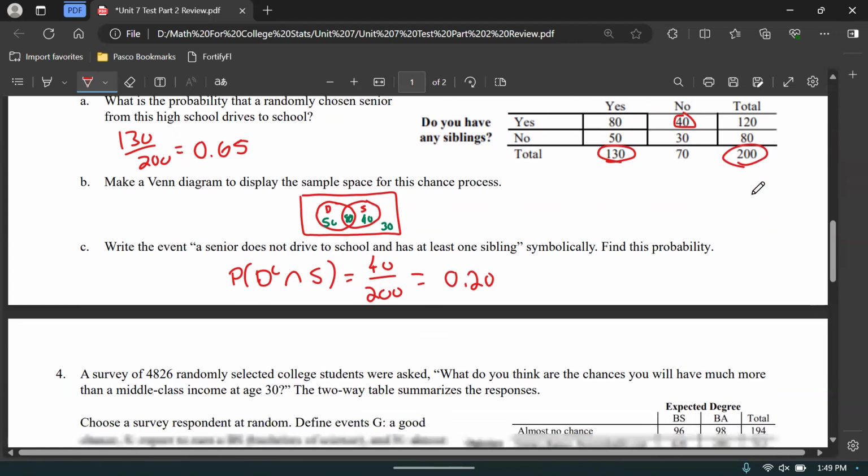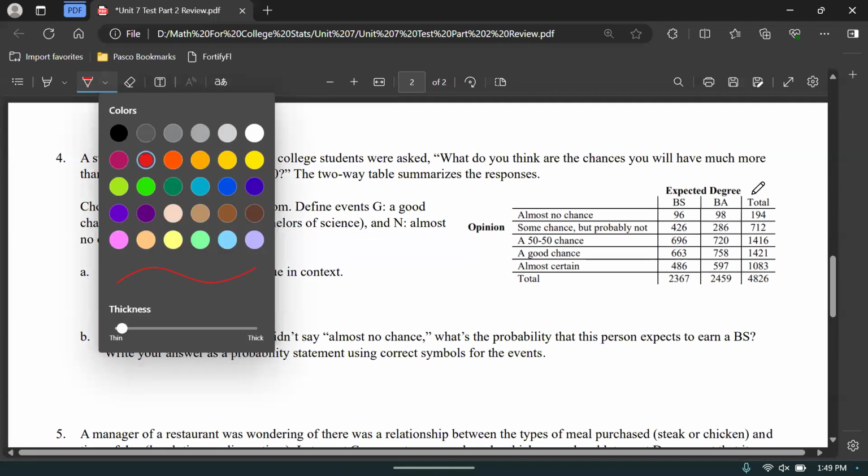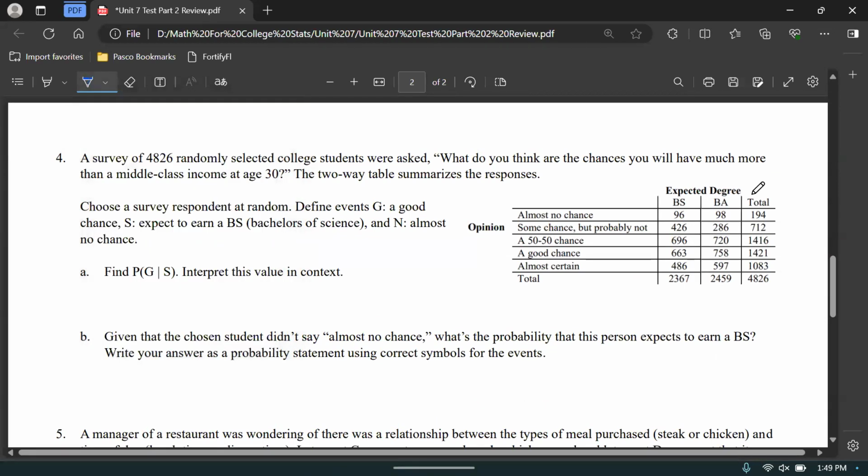All right. Number 4, a survey of 4,826 randomly selected college students were asked, what do you think are the chances you will have much more than a middle class income at age 30? The two-way table summarizes the responses.